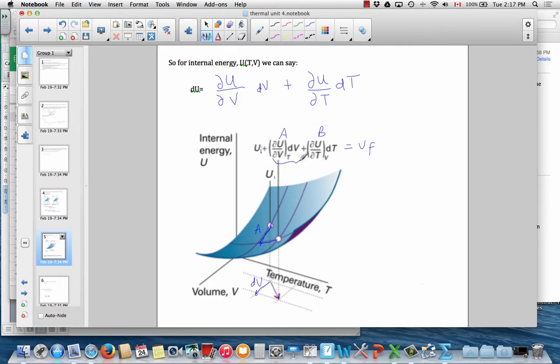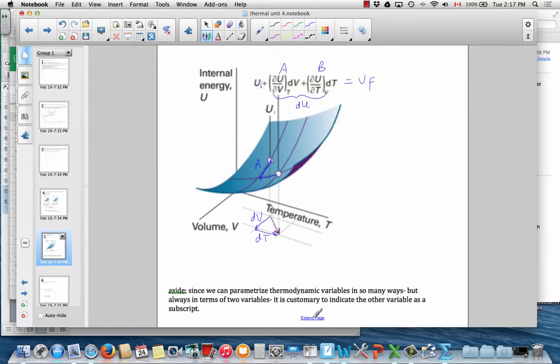And so what you've got right here is delta U, or dU, in the limit of very, very small deltas. And so that was the volume change, and then this was the little bit of temperature change, dT. So our internal energy as a result of this process changed from this point on the surface to this point on the surface.